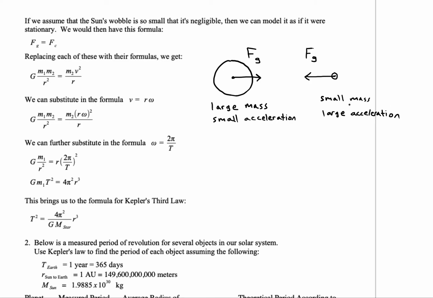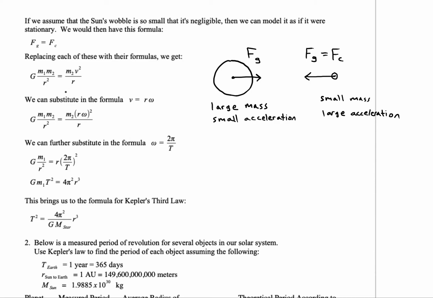Alright, anyway, what we want to do is say that that force of gravity is also a centripetal force. And we can use our formulas for both of those things and set them equal to each other and get some interesting results out of it. So the one on the left is, of course, Newton's law of universal gravitation.